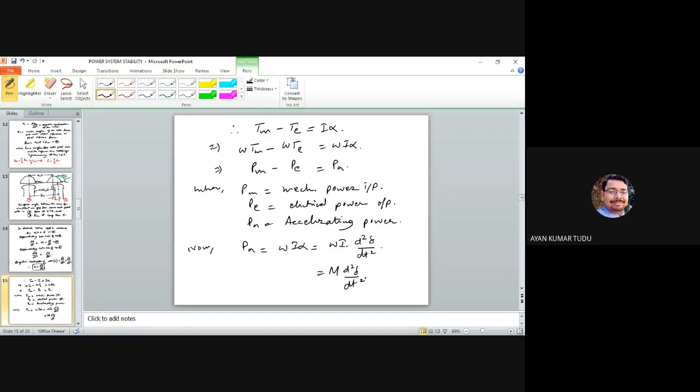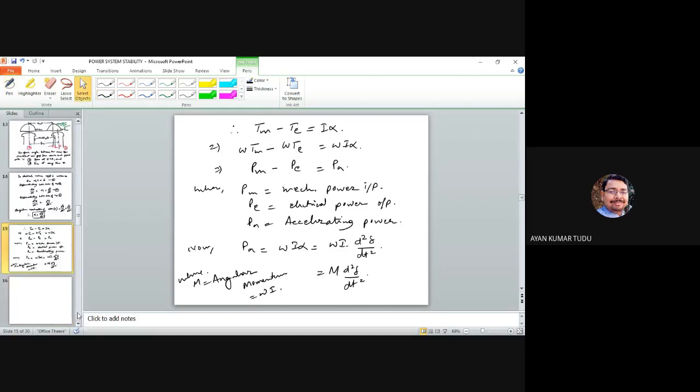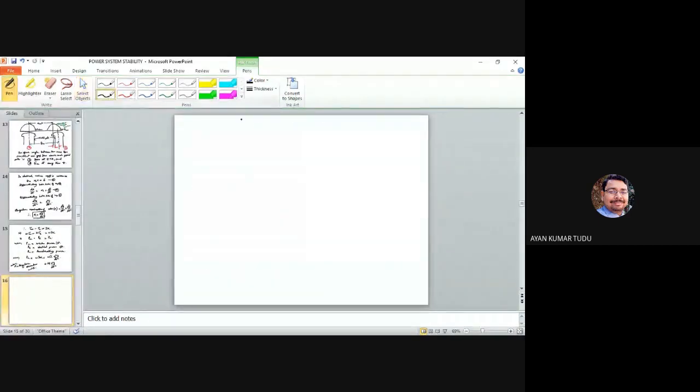So Pm minus Pe can be written as M into d2 delta by dt square. This is one half of the swing equation, but again we can break it down.